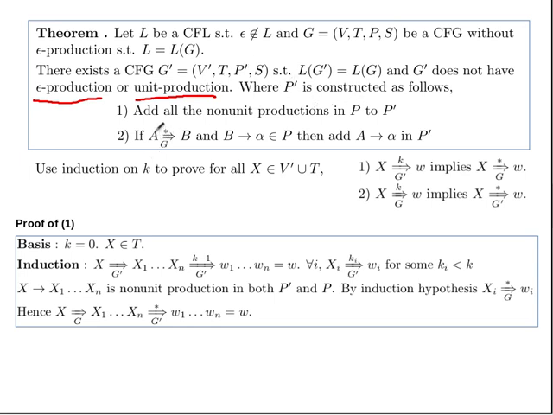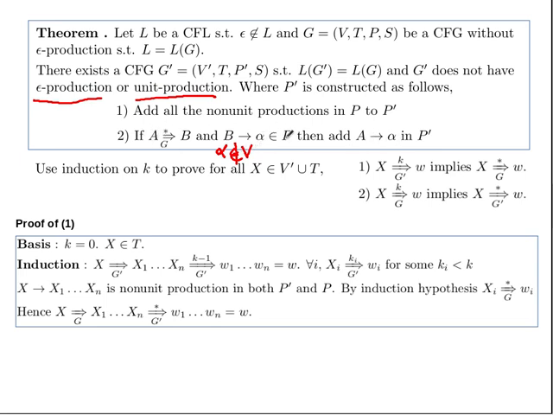And if we have a unit pair A, B in G, and since this is without epsilon production, this means that this consists of just a chain of unit productions in G. And if we have this production in P, where alpha is not just a single variable, then we add this directly.